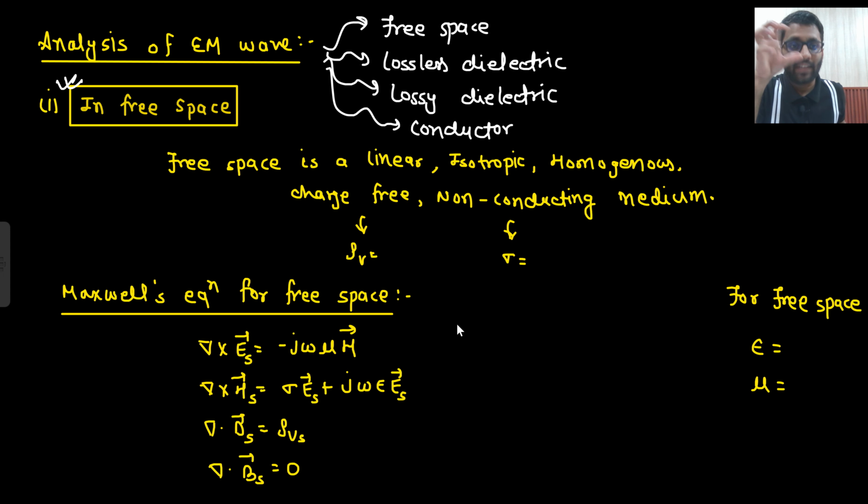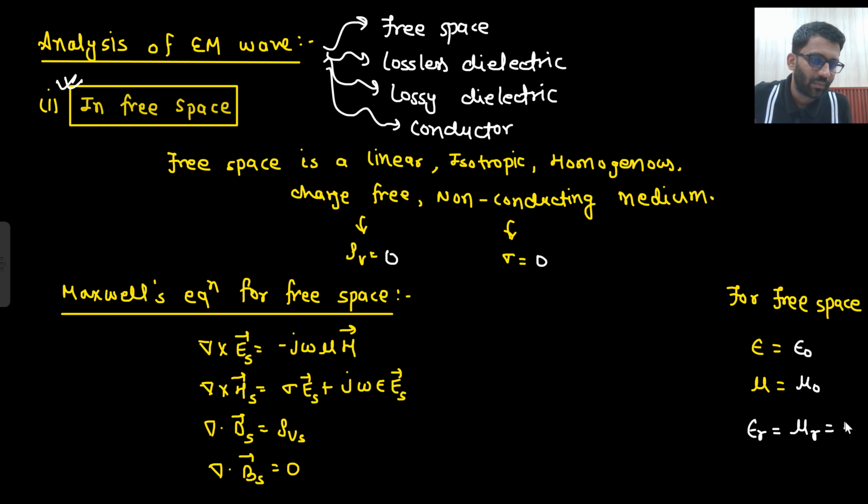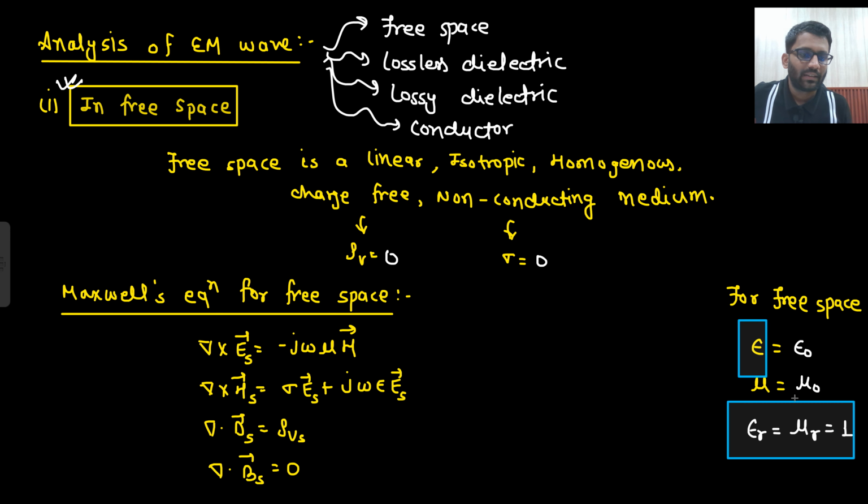So volume charge density is equal to 0. And certainly in air there is no current. If I put my hand here, am I getting some current? No. So it is non-conductive as well, so sigma is equal to 0. For free space, epsilon is equal to epsilon naught and mu is equal to mu naught. Basically, relative permittivity and relative permeability are both equal to 1.